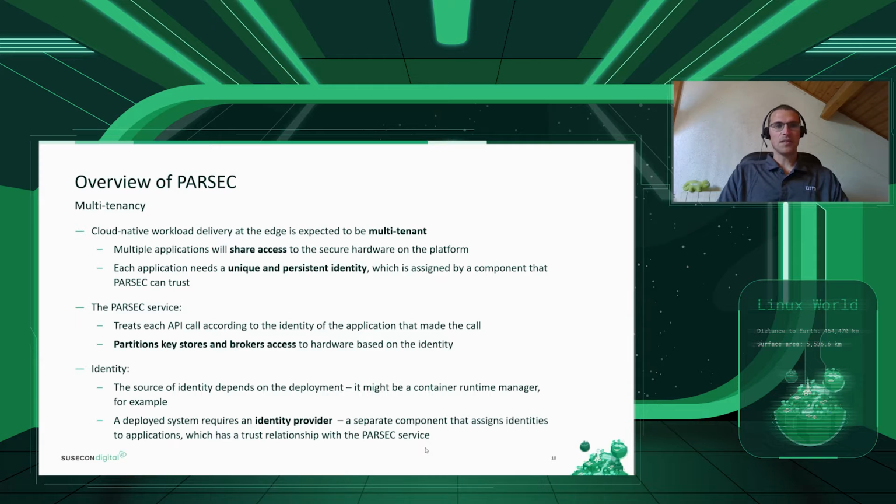The Parsec service treats each API call according to the identity of the application that made the call, and partitions key stores and brokers access to hardware based on the identity. The source of identity depends on the deployment, but it could be a container runtime manager, for example. And anyway, a deployed system requires an identity provider, a separate component that assigns identities to applications, which has a trust relationship with the Parsec service.